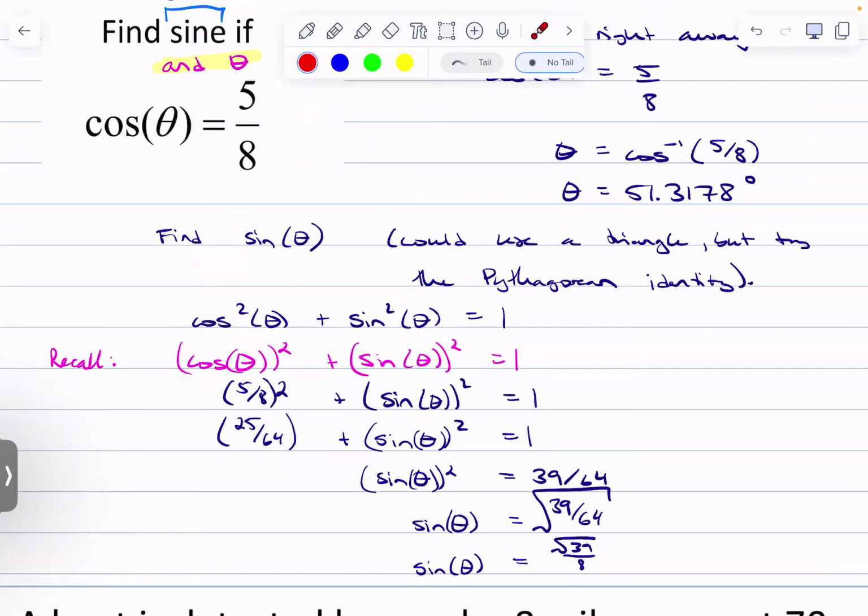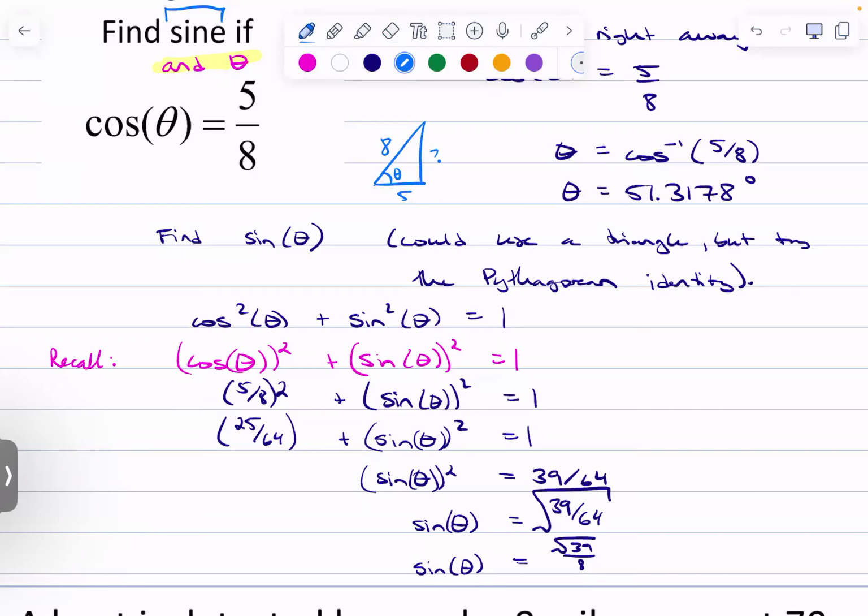And if we do a quick sketch of the triangle, something like this, we have theta here, then the cosine of theta was going to be 5/8. Solving for this value here, oops, this doesn't look like 8. What would I get?